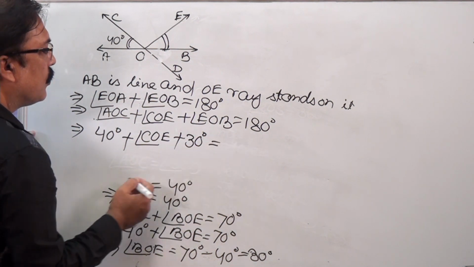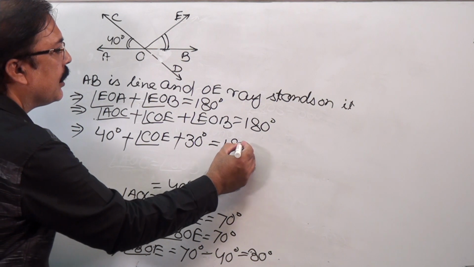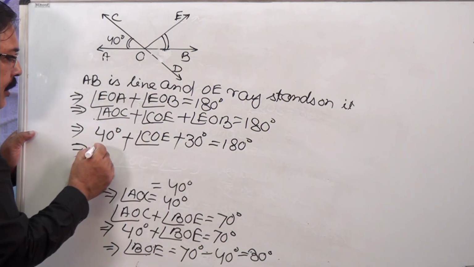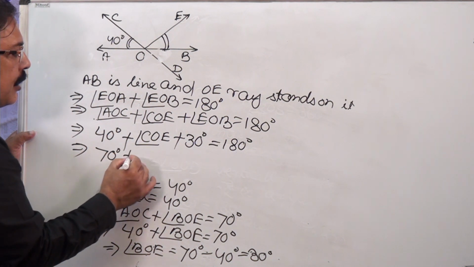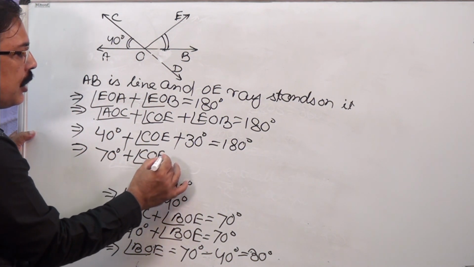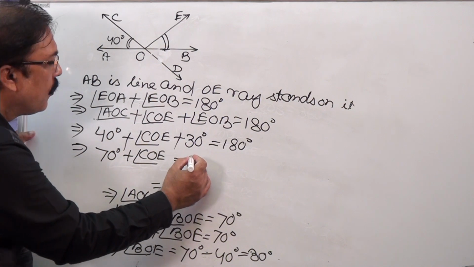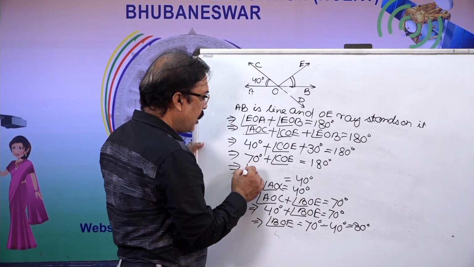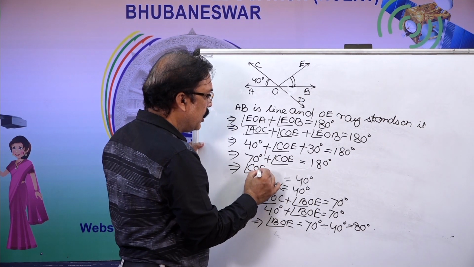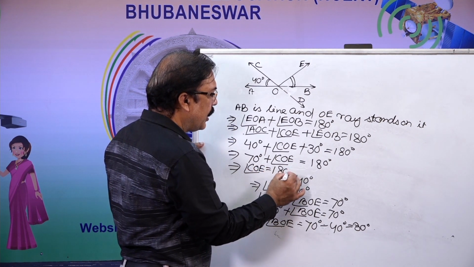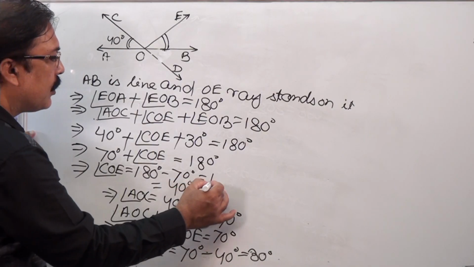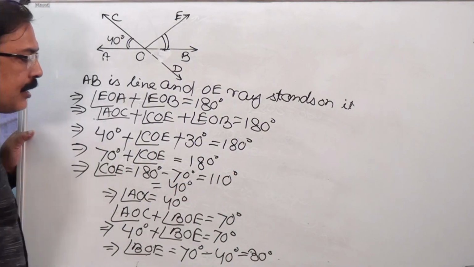This is equal to 180 degree. This gives 40 plus 30, 70 degree plus COE is equal to 180 degree. That gives angle COE is equal to 180 degree minus 70 degree, which is 110 degree.